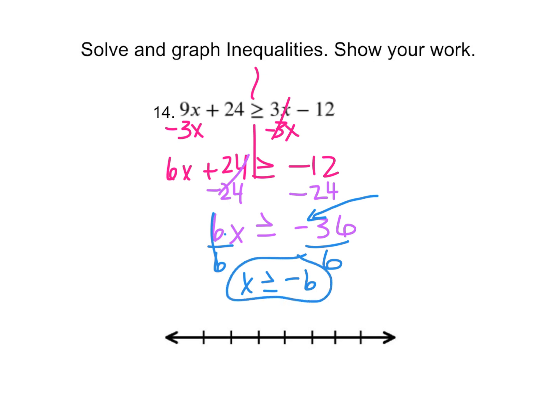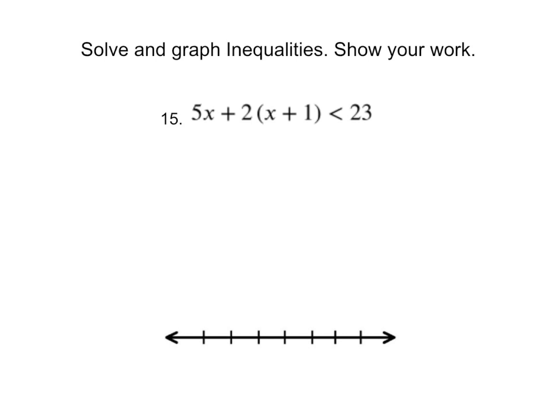Okay, so I'm going to go negative 5, negative 6, negative 7 on my number line. Closed circle, because x is greater than or equal to negative 6, and numbers greater than negative 6 go to the right. Okay, so our last step here, we did not divide by a negative. That's why we don't flip the inequality.